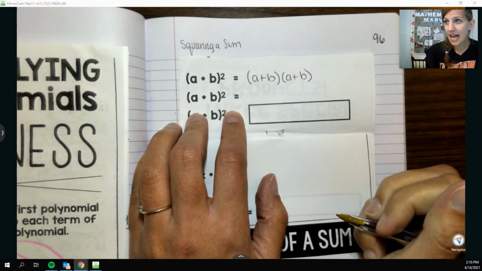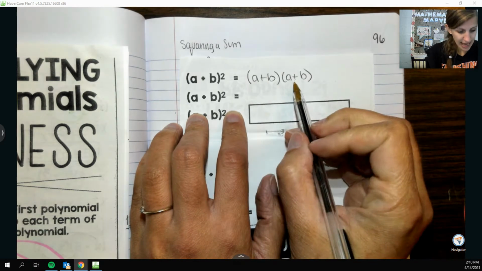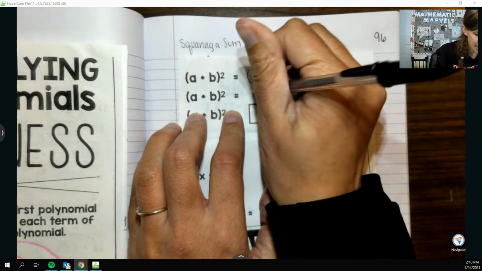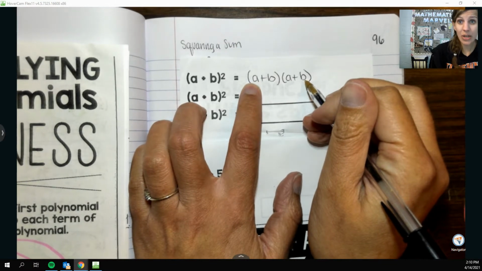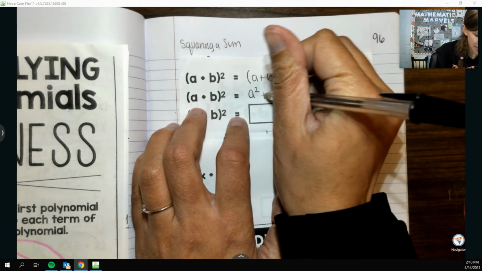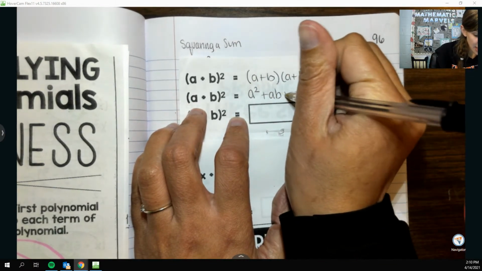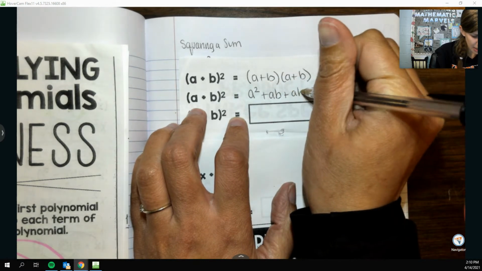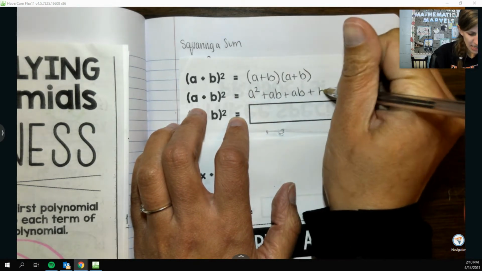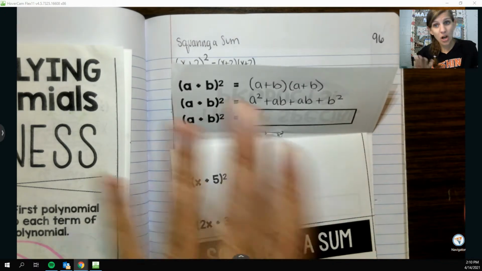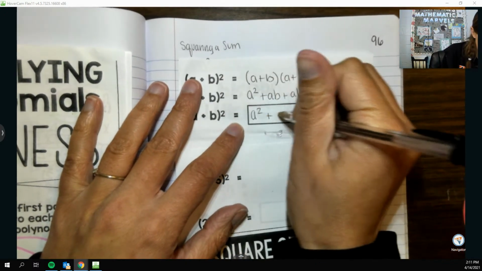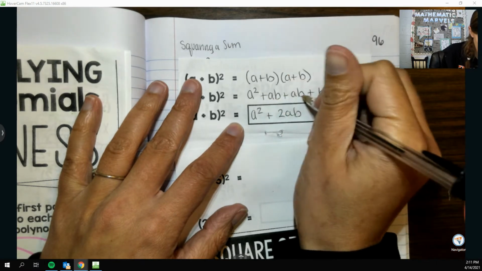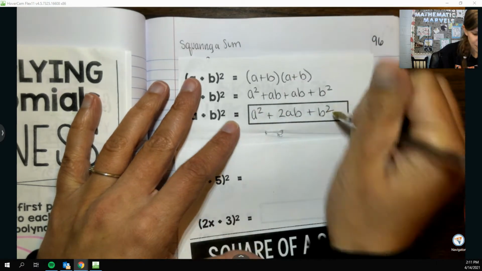When I actually end up doing that, a times a is a squared. Then when I do the outer terms, we get an ab. When I do the inner terms, I also get an ab. Then when I do the last two, we get a b squared. So when I combine like terms, I always end up with a squared plus 2ab plus b squared.